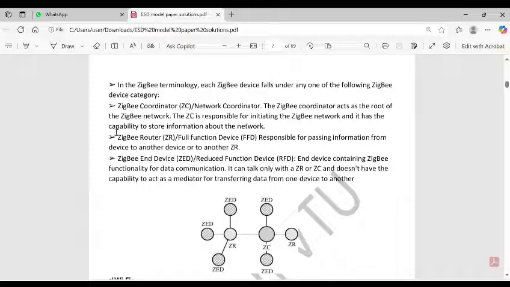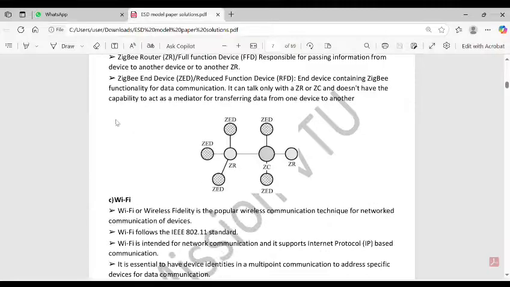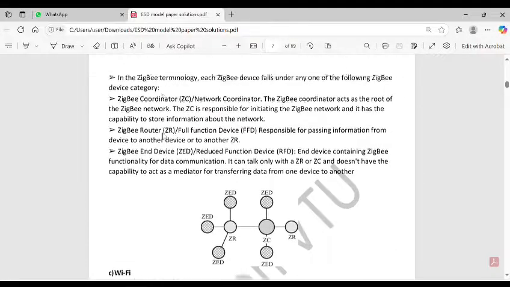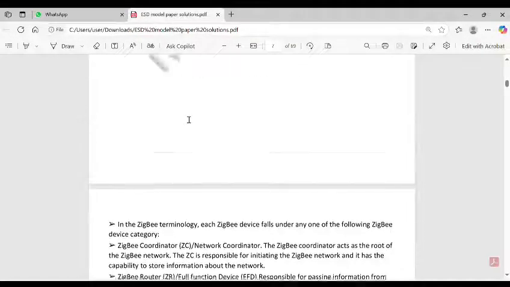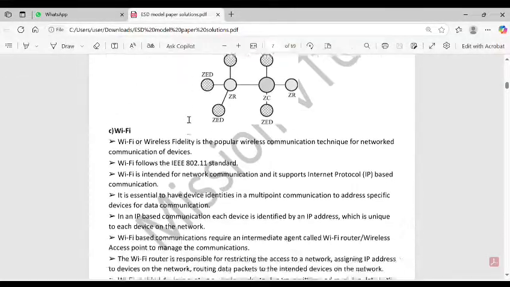The ZigBee coordinator acts as a root of the ZigBee network. It is responsible for initiating the ZigBee network, and it has the capability to store information about the network. So you can refer this diagram and the following information for the ZigBee.